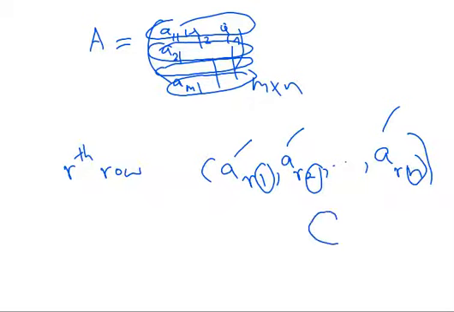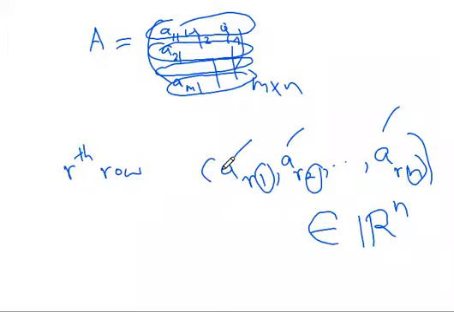Okay, this is an element of Rn, right? Because these are real numbers. Here we are considering m by n real matrices. These are real numbers, so this is an element in Rn.